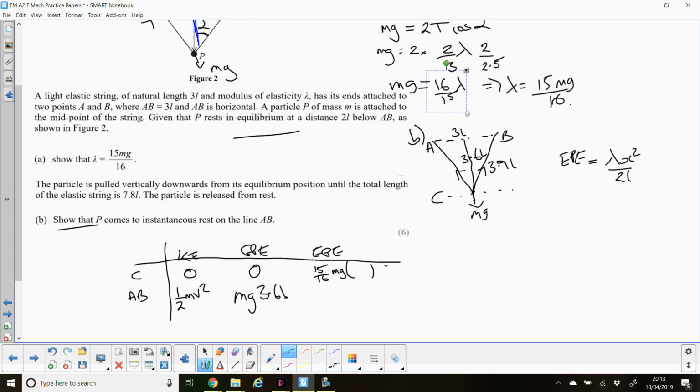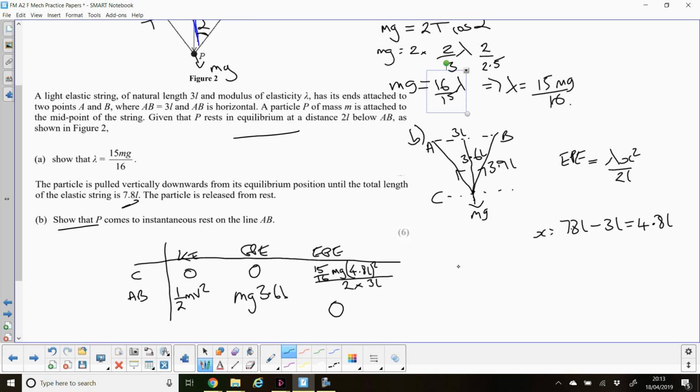The extension, it's now 7.8L long, and the natural length was 3L, so that's 4.8L, over 2 times the natural length, which is 3L. Now, when it crosses the line AB, the extension is 0, so there is 0 elastic potential energy.